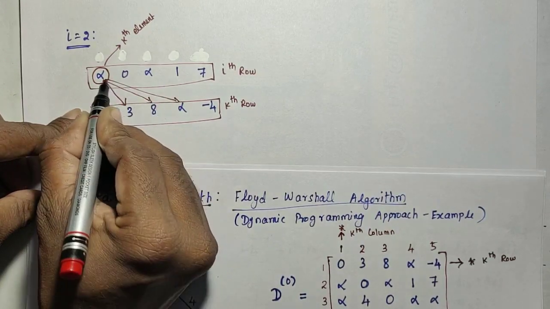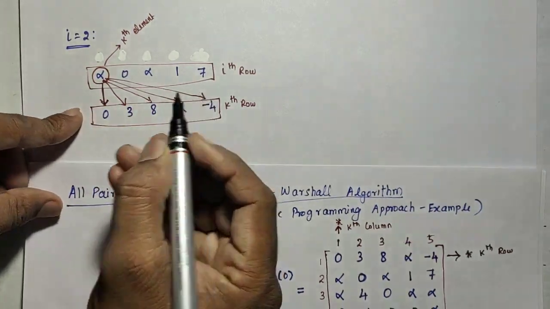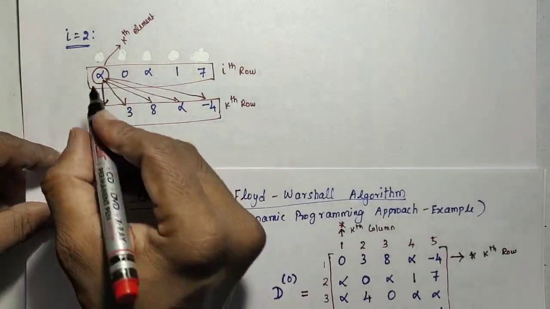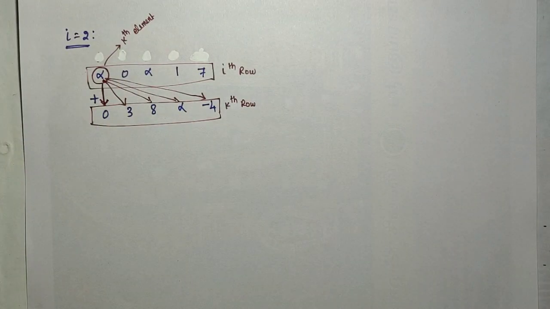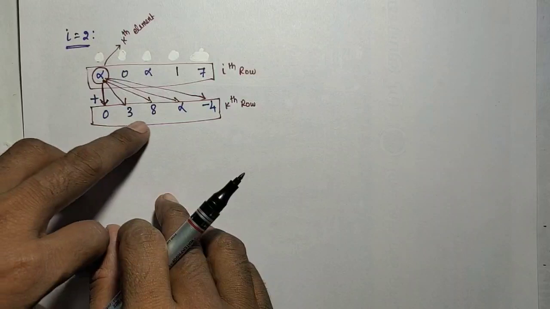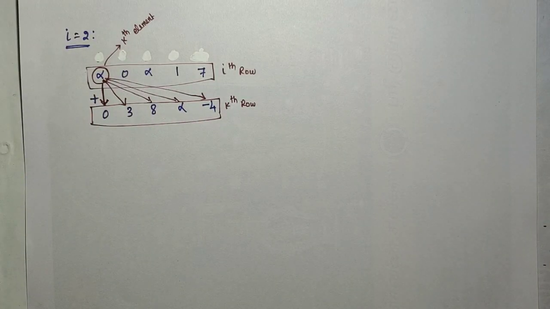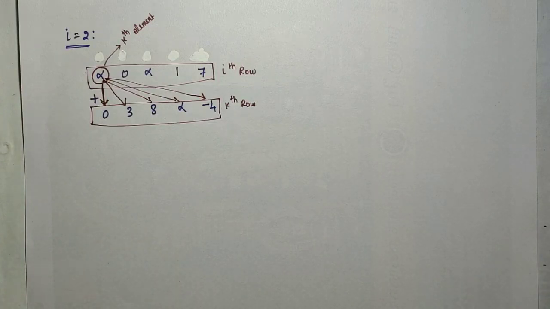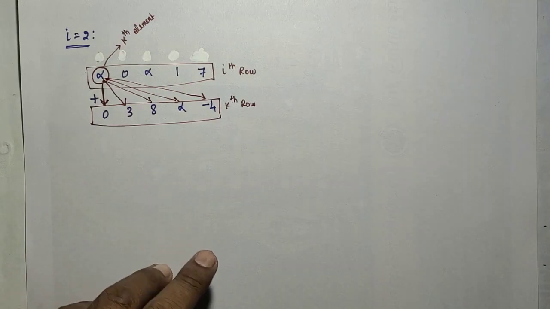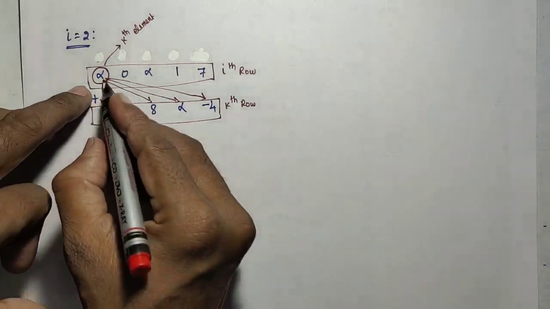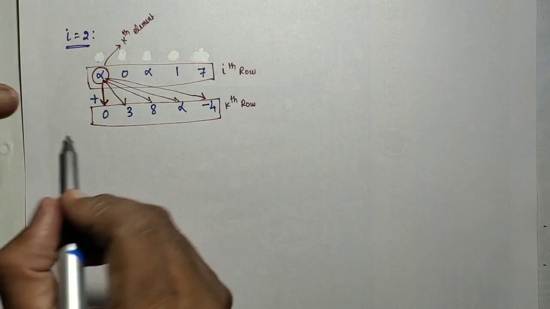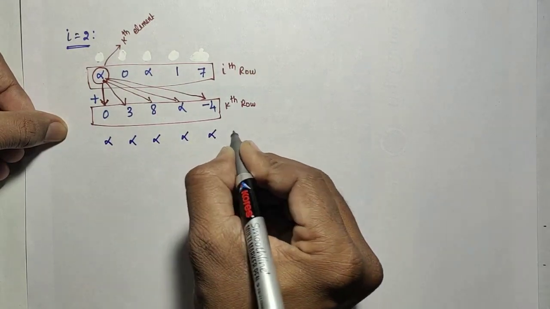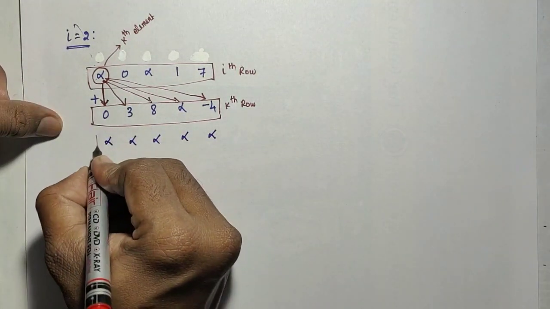So the selected element is infinity. If you add infinity with any element, the result will be infinity. If you add 0 with any element, that element will be the same element. So here we need to write all the new added elements: infinity, infinity, infinity. So that is your new row.